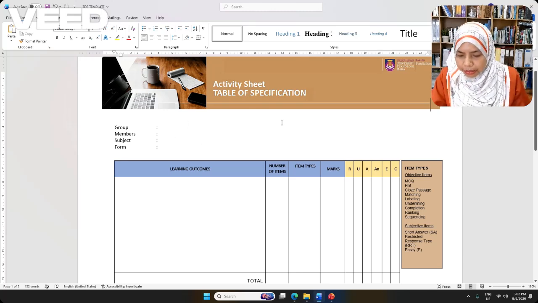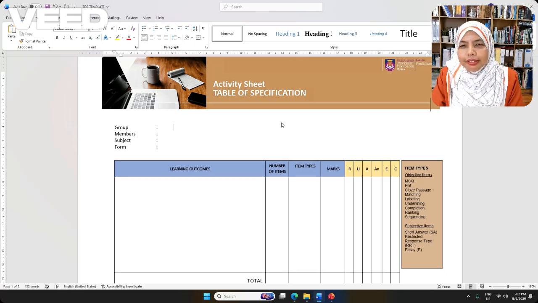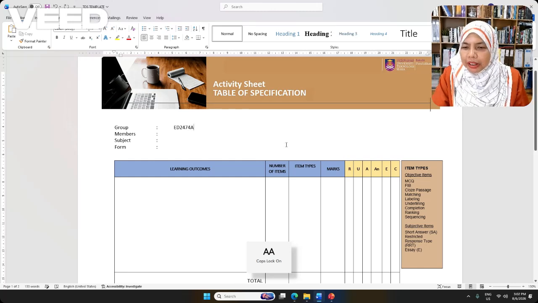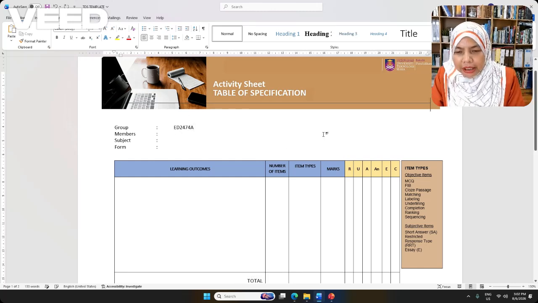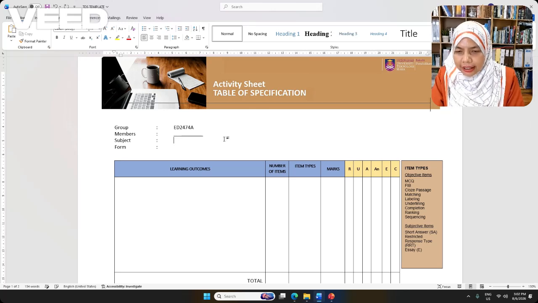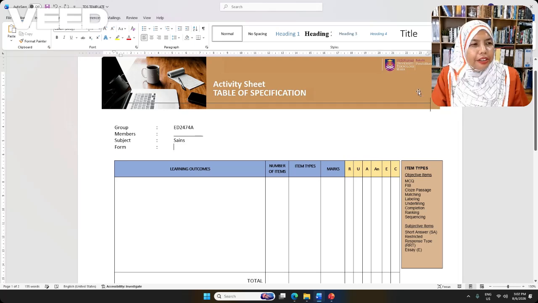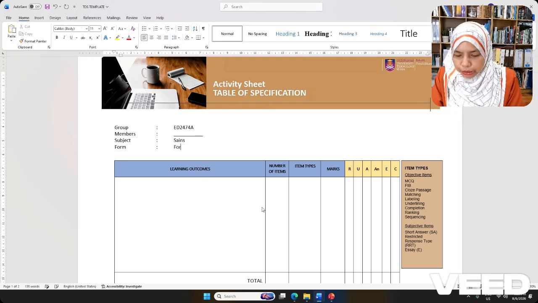So for group, okay, for group AD2474A, for example, from biology group, members, please write down the group members' names in full. Subject, I'm going to focus on science. All right. And I can't remember which form, maybe form 2. Let's just say form 2, eh?